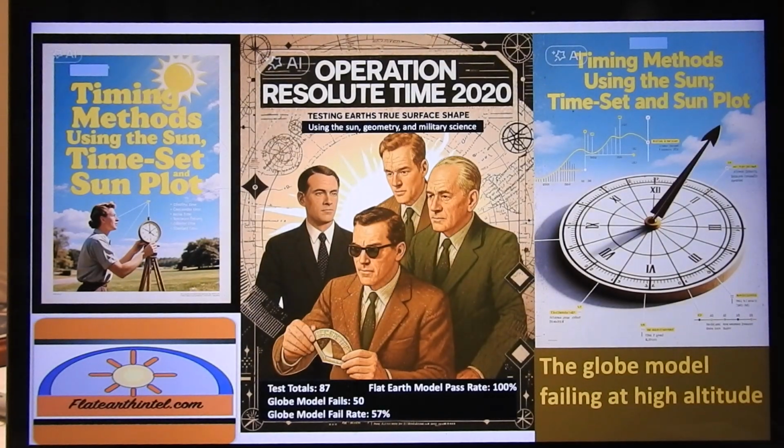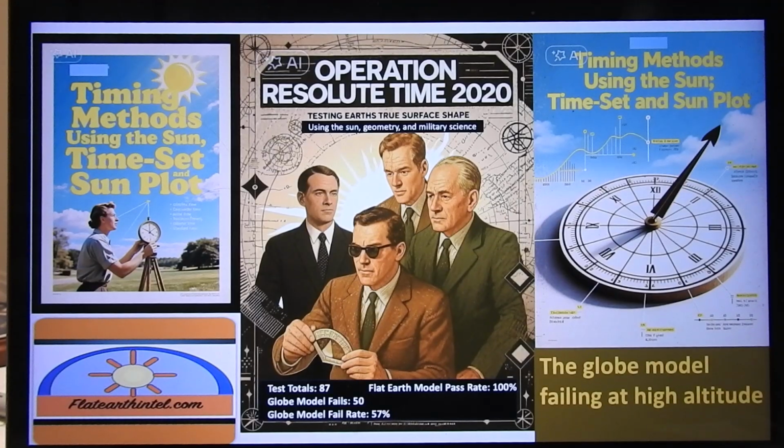Operation Resolute Time, which I conducted, was a non-military action. I conducted it in Kabul, Afghanistan, from 7 February 2020 to 8 August 2020, over basically a 6-month period of time. I conducted a total of 87 tests testing Earth shape, applying the sun height methodology, the 45-degree sector test, against both the globe model and the flat Earth model.